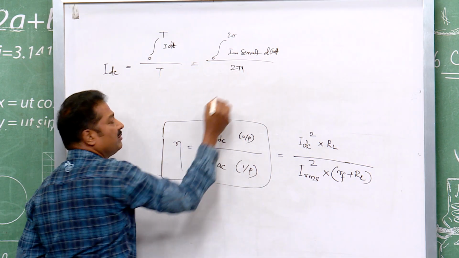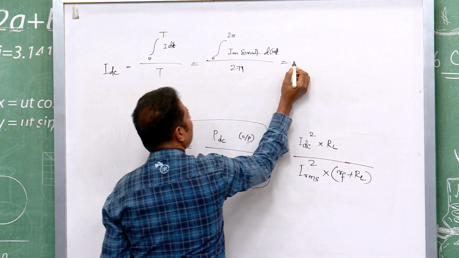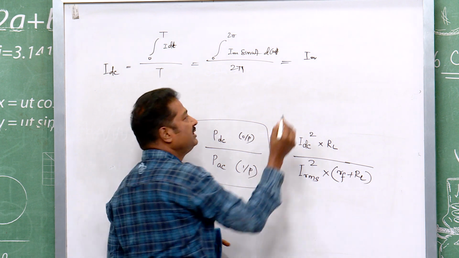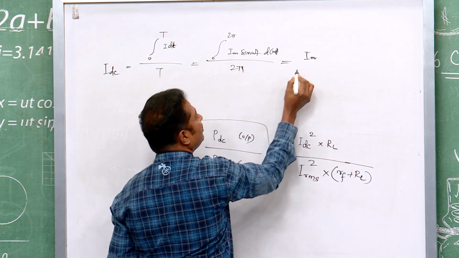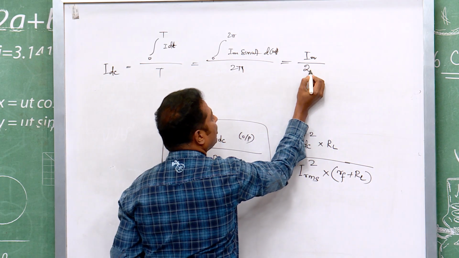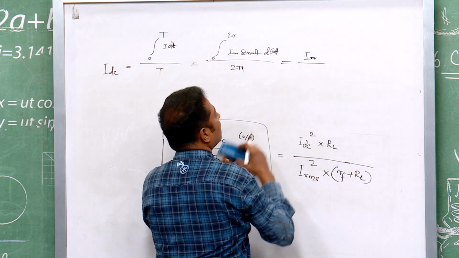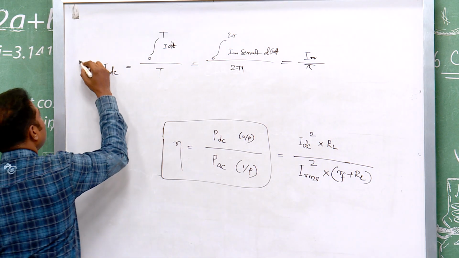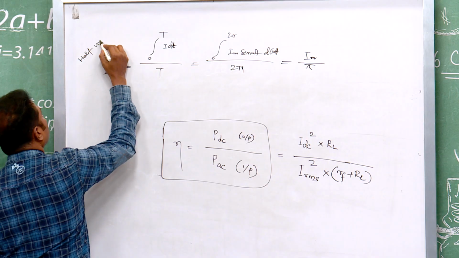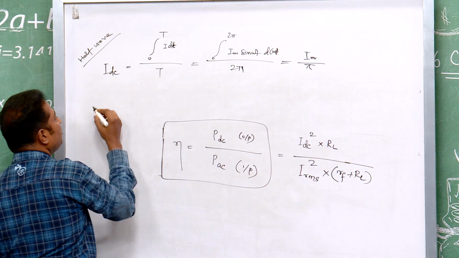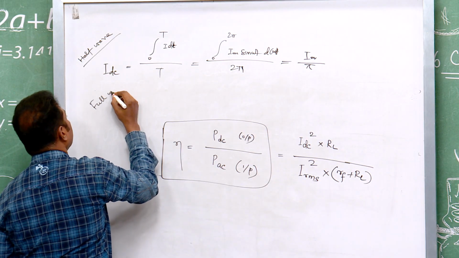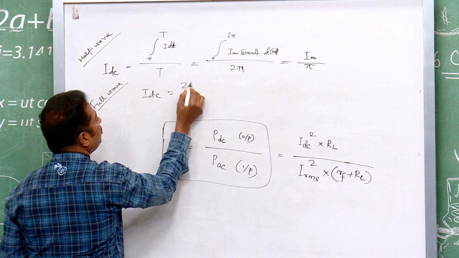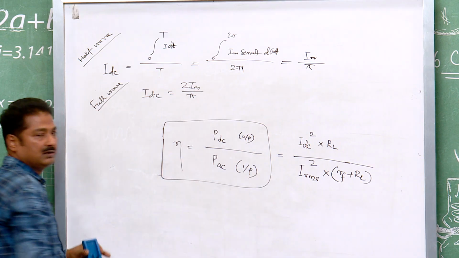You may also convert it this way, and finally, you get IDC is equal to the maximum value of the signal, this one, the peak value, Im by pi. This is your value IDC, and this is for half wave. If it is full wave, that IDC will be 2 Im by pi.